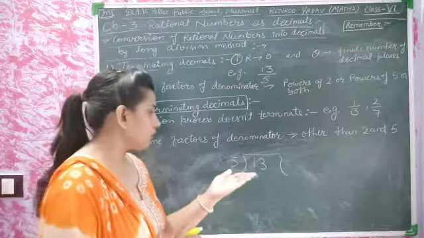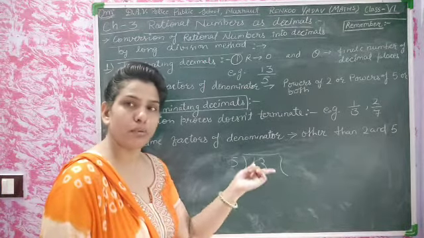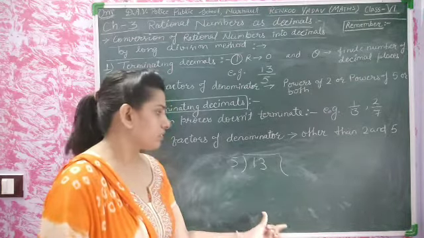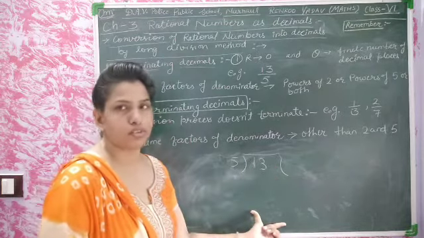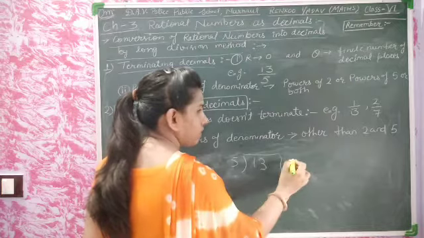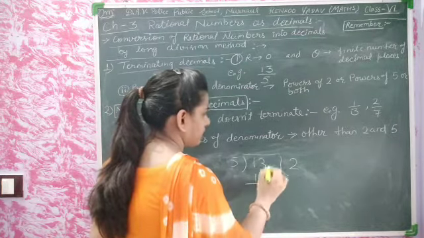We already know this division method, and how to end the process of division using decimals. 5 twos are 10 and its remainder is 3.